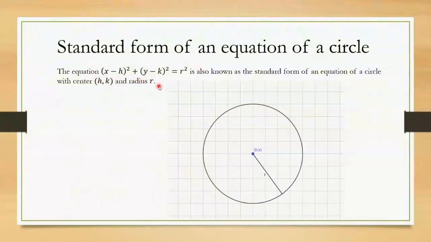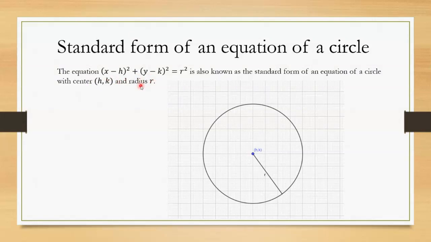If you get to the more general form, then you really have to understand the method of completing the squares. For time consideration, I'm not going to cover that, so let's just stick with this. But anyway, the standard form of an equation of a circle looks like this.